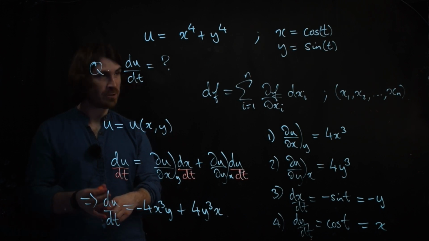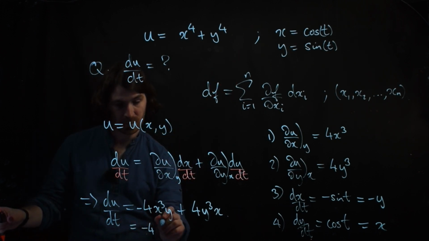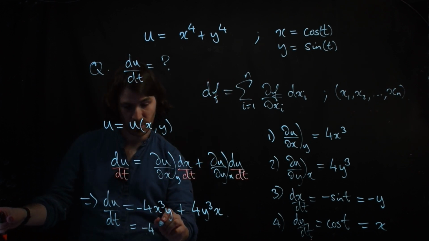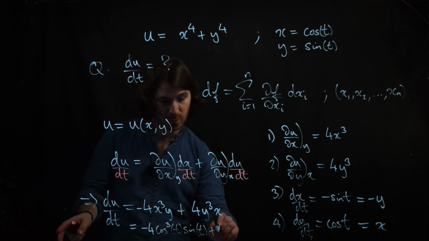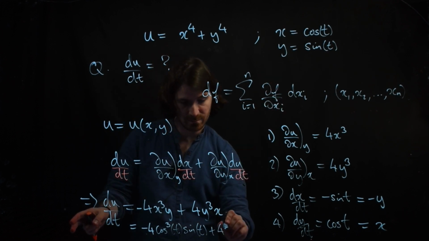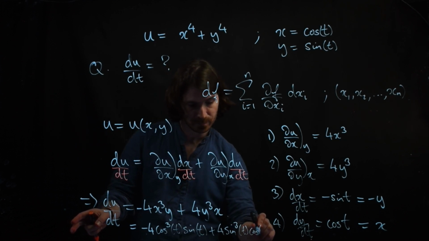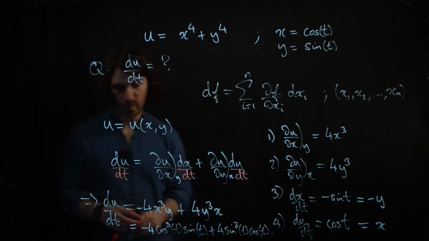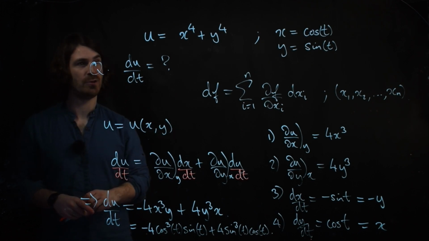If you want to put it in terms of t, this is minus 4 cosine cubed t times sine t, plus 4 sine cubed t times cosine t. So that's an example of using the chain rule on a function of two variables.